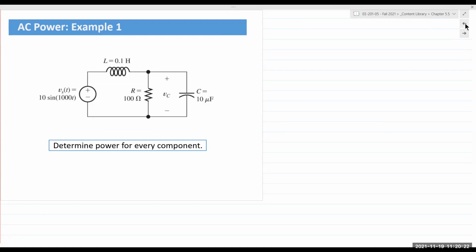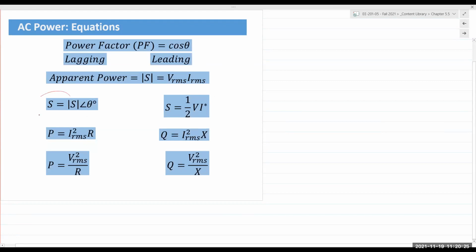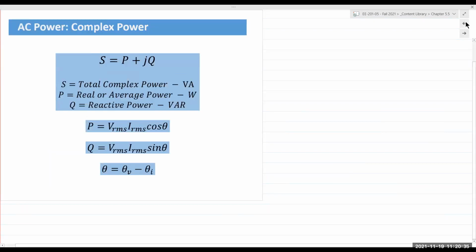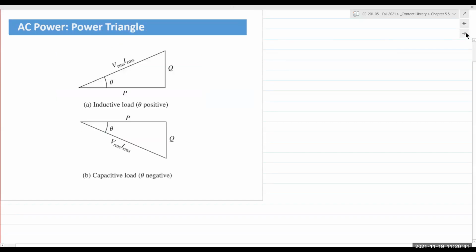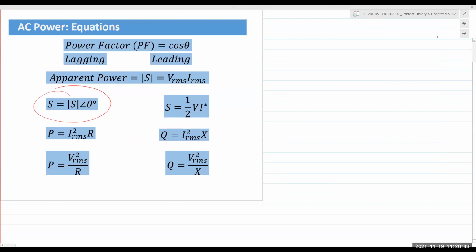So total complex power S can be represented as, well, S, of course, in the previous equation, we saw S is equal to P plus jQ, rectangular coordinates. When you plot that on the complex plane, you get the magnitude of S and you get the power angle theta. An alternative equation for total complex power S is half V I asterisk. The asterisk stands for the complex conjugate of that complex number.